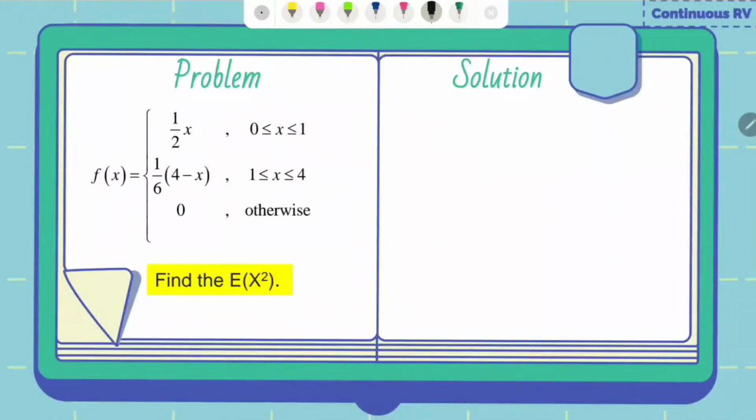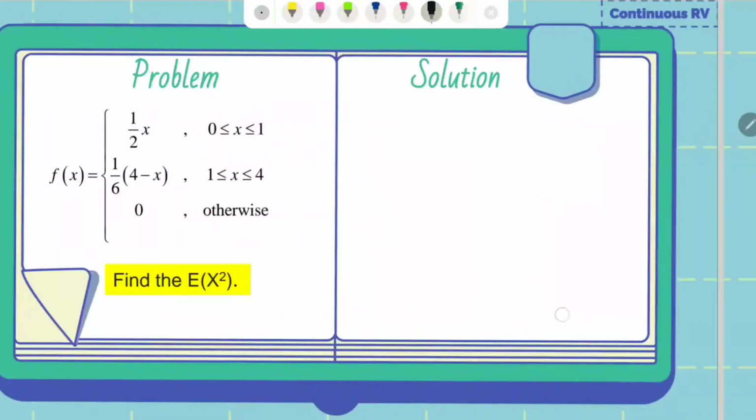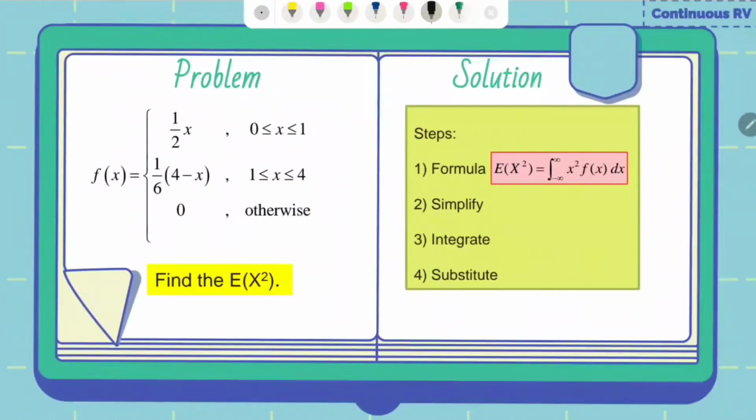Now, what if you want to find the E of x squared? It's the same method as before, but now the formula is E of x squared. If you notice, the formula is quite similar to E of x, but the only difference is now we don't multiply with x, but x squared multiplied with the function f.